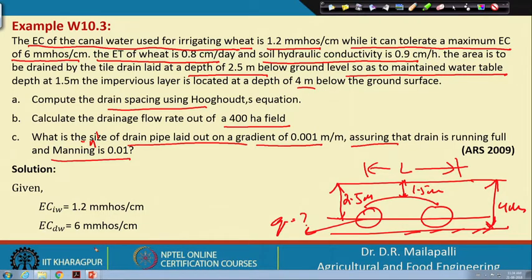So, in this problem, the first thing is you need to find out the leachate requirement using the EC values of the water as well as the crop tolerance level. Okay. With the leaching requirement known, now you have to find out the irrigation requirement.